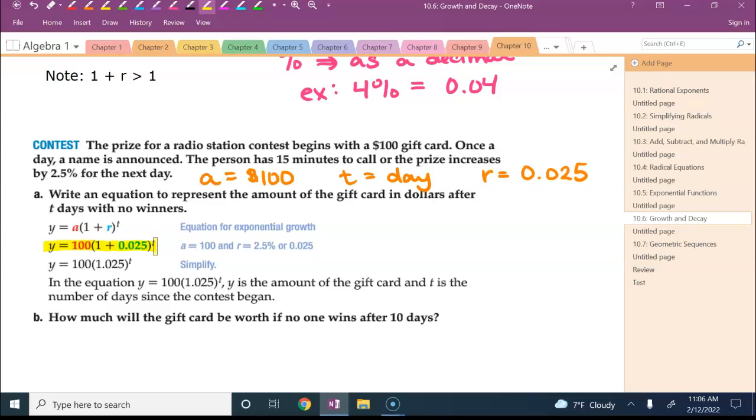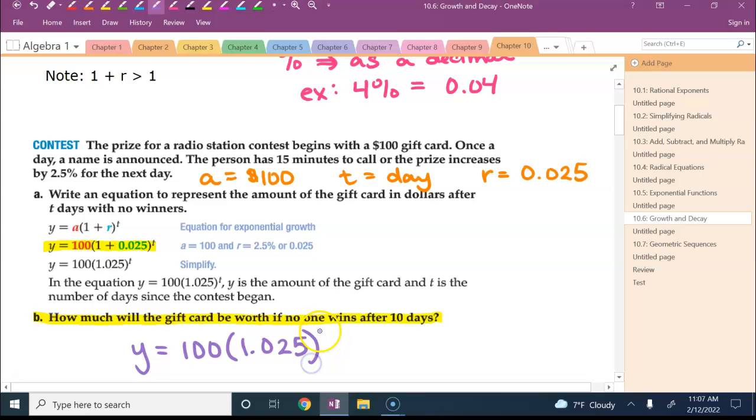If you follow up on the second question, it wants to know how much the gift card will be worth if no one wins after 10 days. So if this contest continues for 10 days, how much is the person going to get if they finally call in? We're going to use that equation, 100 times 1.025, but instead of t, we're going to put 10, because that's how many days have gone by.